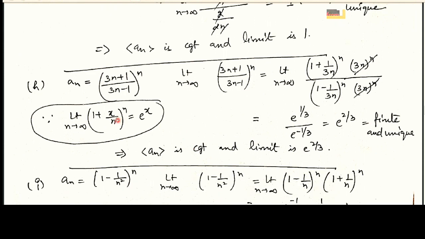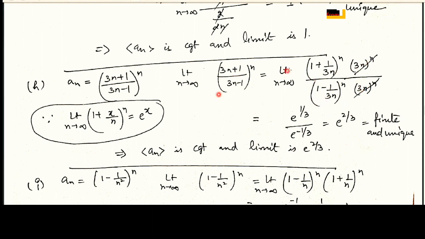In the H part, we will use this standard limit. The limit of (1 plus x by n) whole to the power n is convergent and it converges to e to the power x. Whatever the number is over here, it converges to e to the power that. So for (3n plus 1) upon (3n minus 1), we can take 3n common in the numerator as well as the denominator. It will cancel out and we will be left with this.